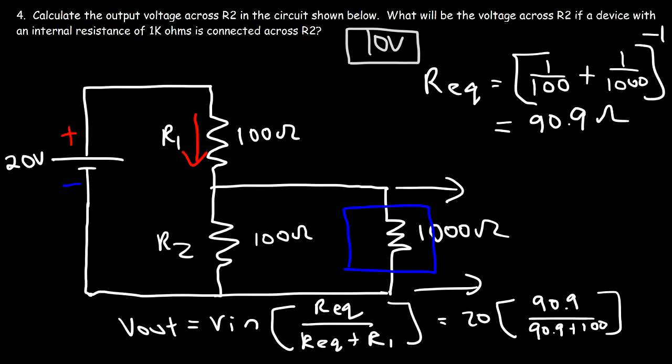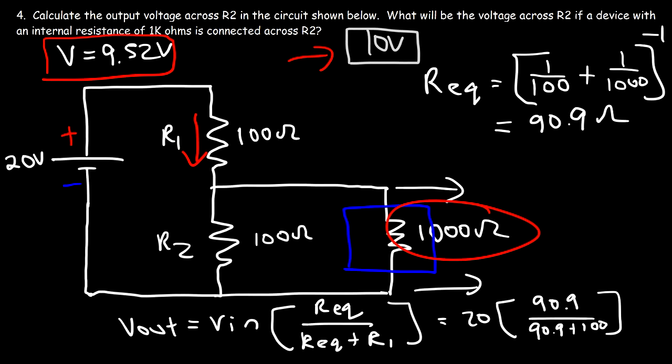So it's 20 times 90.9 divided by 190.9. And so the voltage is now 9.52 volts. So notice that it's less than 10 volts. So you need to take that into consideration whenever you're connecting a device across a voltage divider circuit.